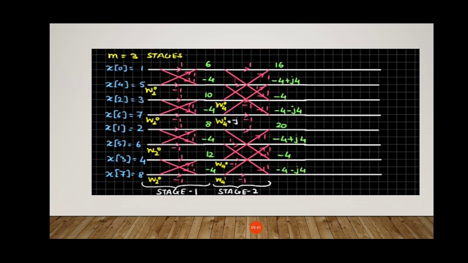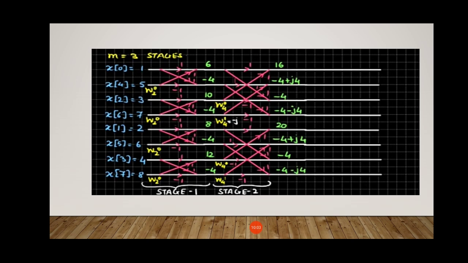The second point is minus 4 plus W4 to the power 0 into minus 4.